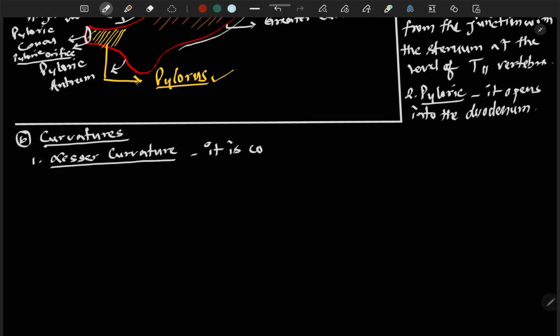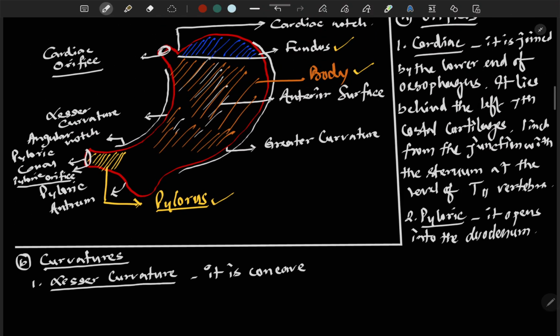It is concave. See, this one is the lesser curvature. It is concave.